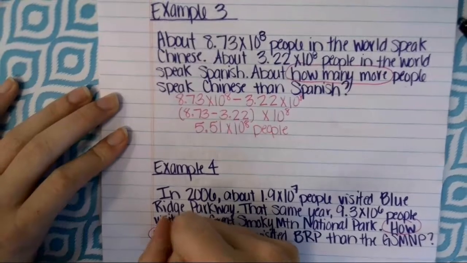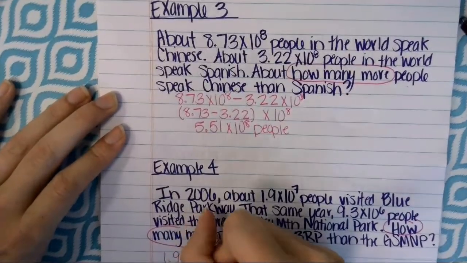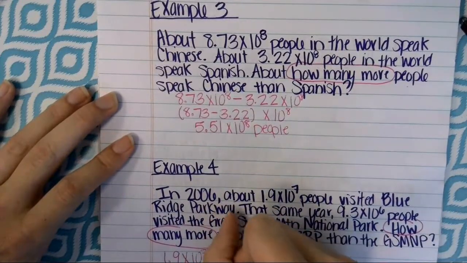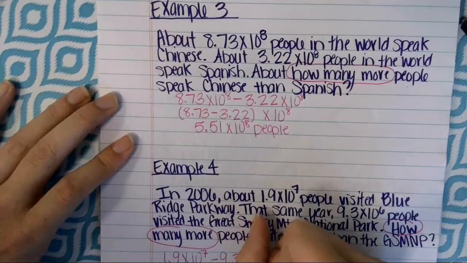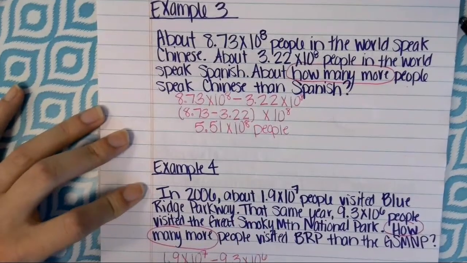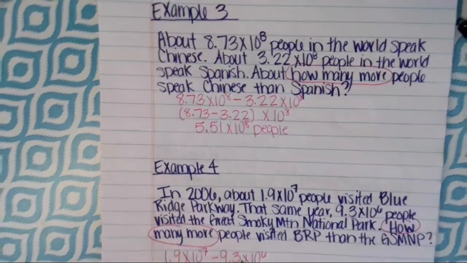So I have 1.9 times 10 to the 7th minus 9.3 times 10 to the 6th. So I have my Blue Ridge Parkway people minus my Great Smoky Mountain National Park people.